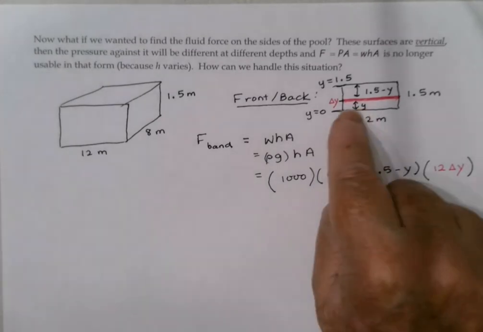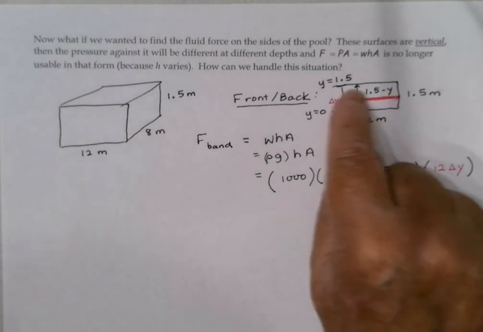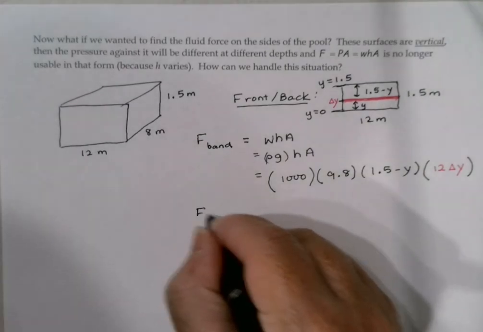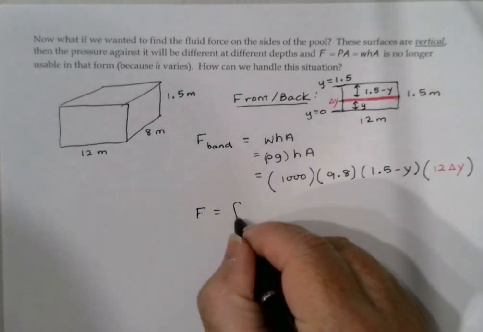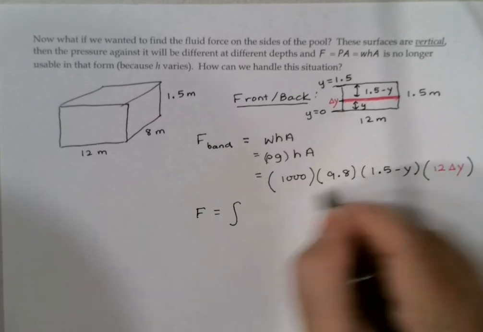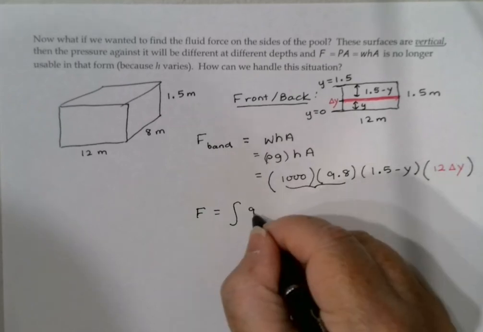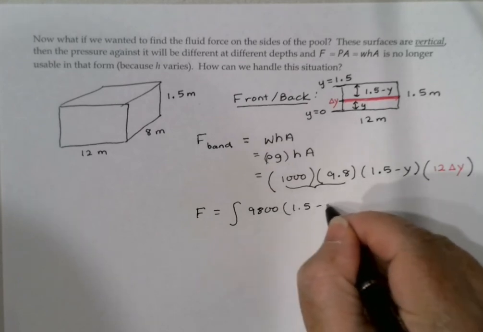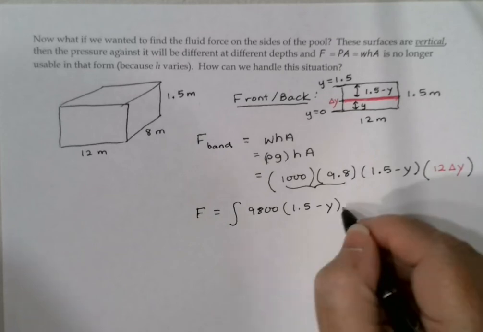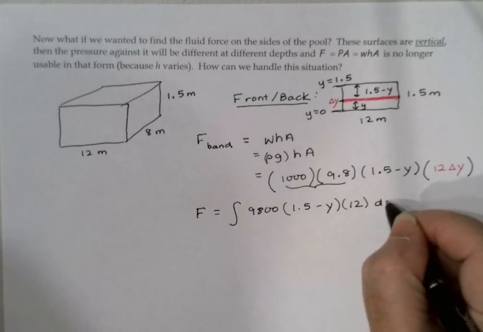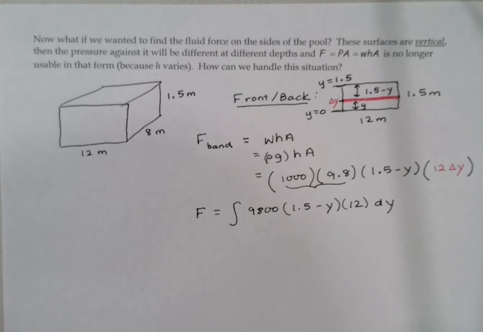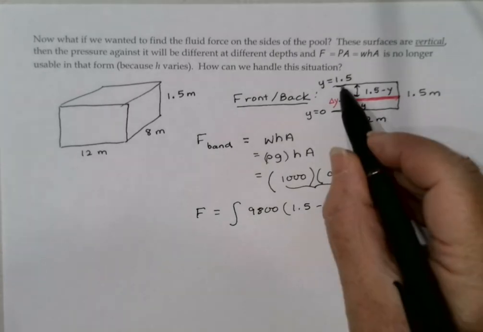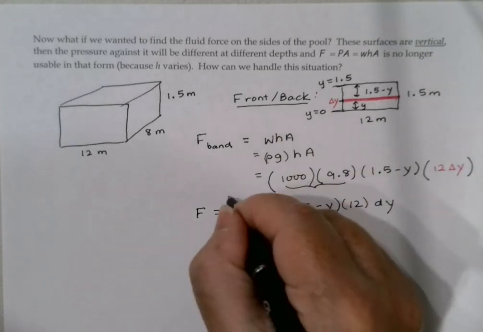Of course, I now have a whole bunch of these little thin strips, and I'd have to add up all of the forces, or in other words, integrate. So the total force would be the integral of 9800 times (1.5 minus y) times 12 dy, going from y equals 0, the strip at the very bottom, to y equals 1.5, the strip at the very top.